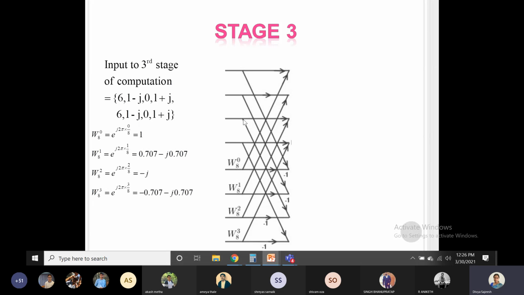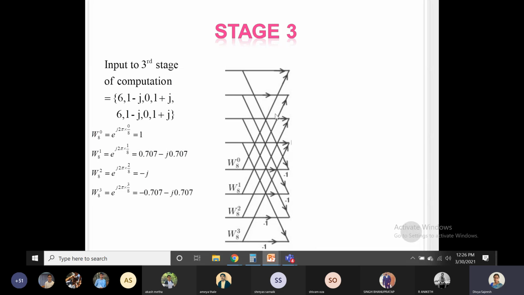Okay, so let us draw the diagram here. Here what I did, I clubbed total 4 basic 2 input butterfly diagrams to obtain an 8 input butterfly diagram.